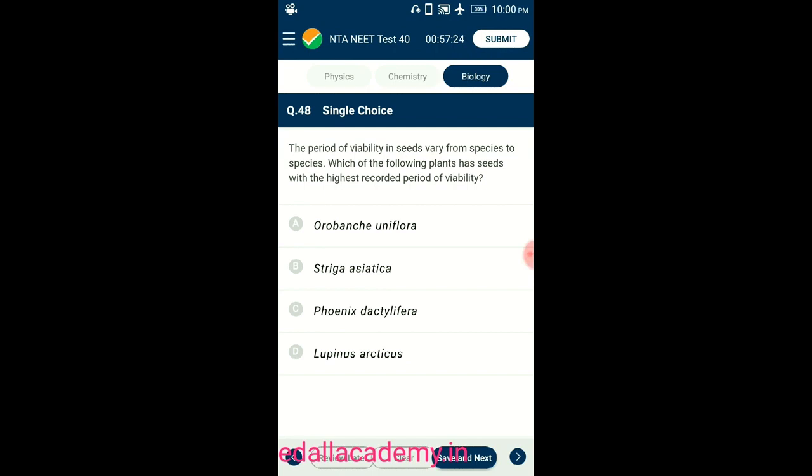The seed germinated and flowered after an estimated record of 10,000 years of dormancy. A recent record of 2000 years old viable seeds is of the date palm Phoenix dactylifera, discovered during the archaeological excavation at King Herod's Palace near the Dead Sea. So the answer for this question is Lupinus arcticus, option D.